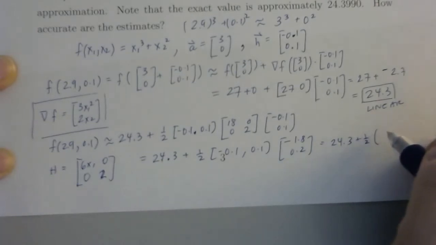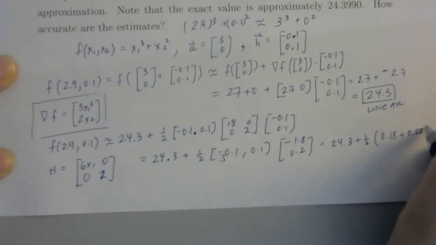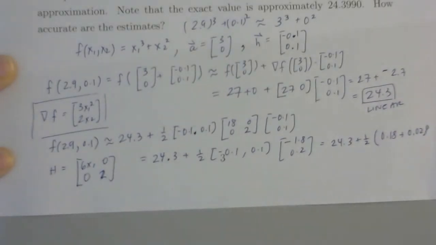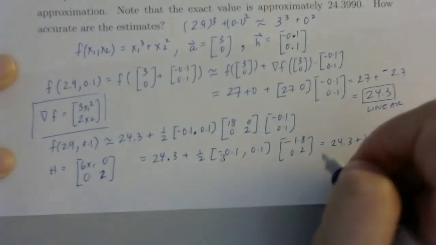The two minuses become 0.18 plus 0.02. And that actually becomes 24.4.